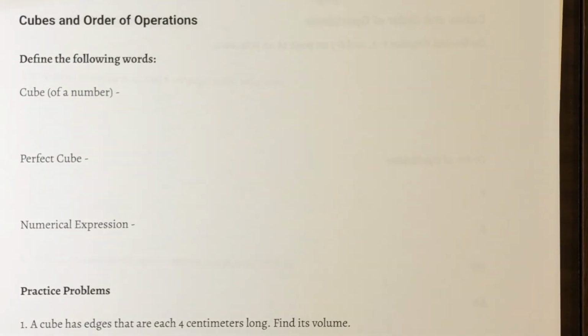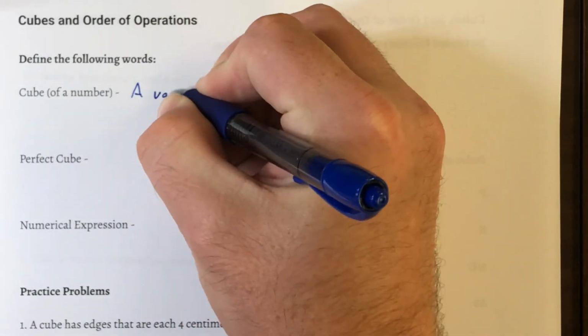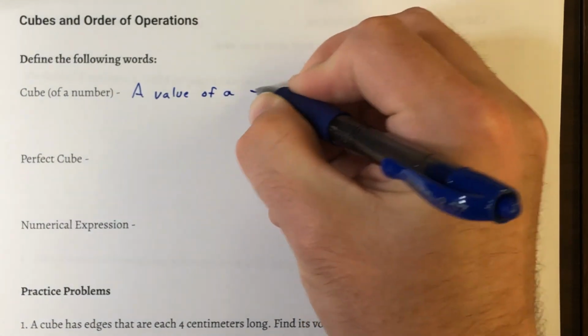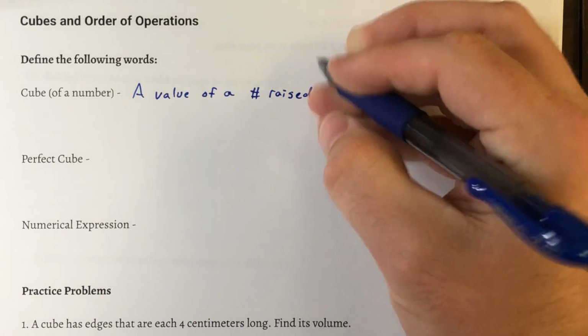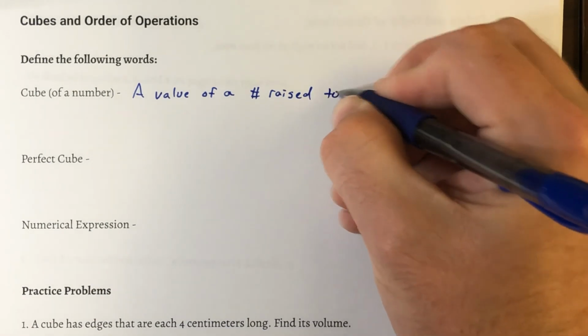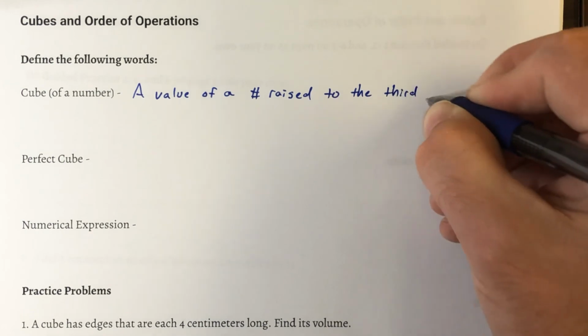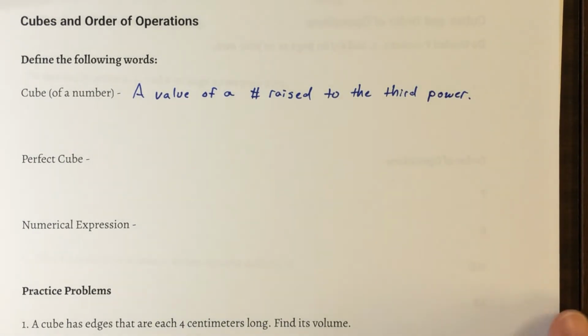So our first term is cube of a number. Cube of a number refers to the value of a number raised to the third power.